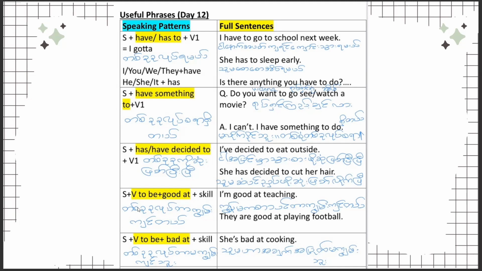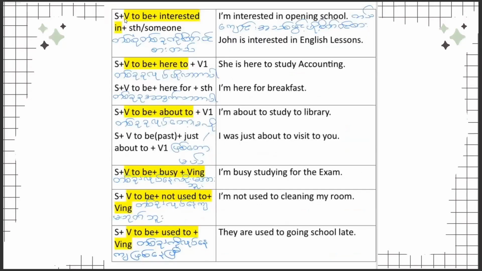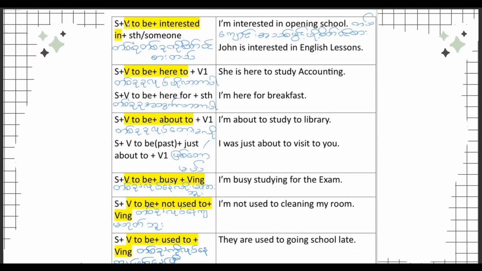So let me move to another page. Here is 1, 2, 3, 4, 5, 6. Here are 6 sentences. So let's get started. The first one is subject plus verb to be plus interested in something or someone. Interested in means having interest in something.